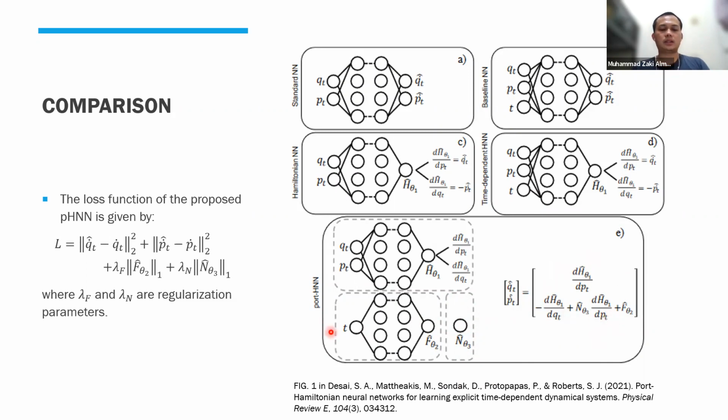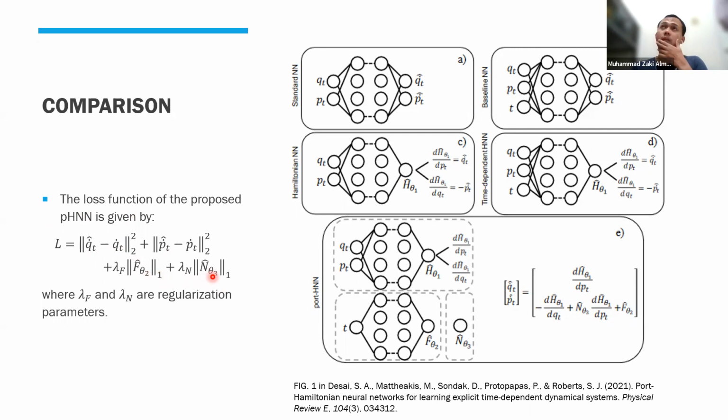And in this paper, they use this loss function on the left. So basically the L2 norm on Q dot and P dot. But the interesting thing is that they use a different norm on the predicted force and damping coefficient.